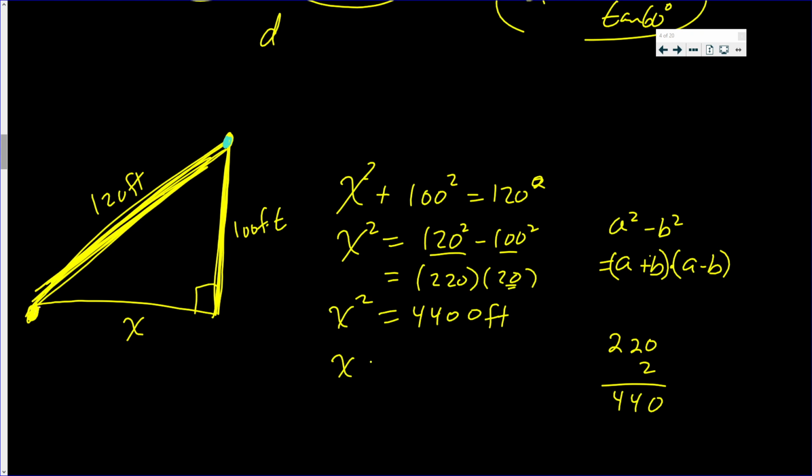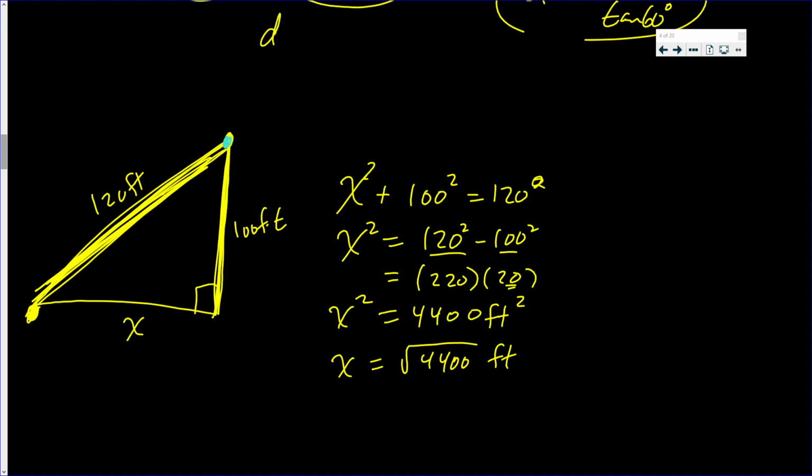So X will be the square root of this. Now, what I know about 4400 is it's a multiple of 100. 4400 is 100 times, well, let me write the 100 first. It's 100 times 44.